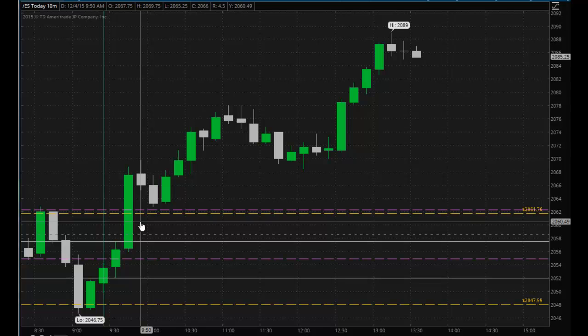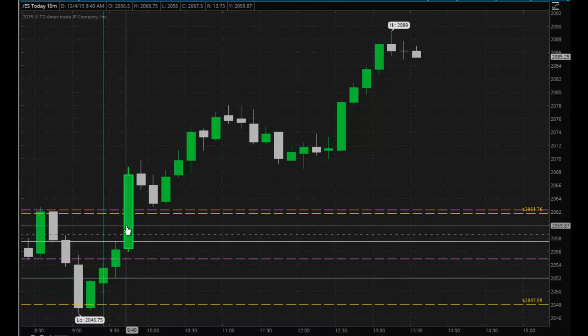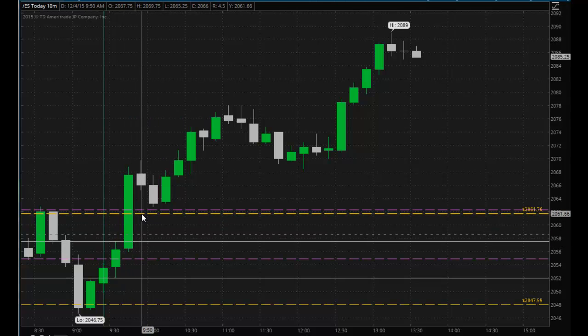With the A up, the yellow line here, you want to see price trade at that level for at least half the time of your opening range. In this case, we're using a 10-minute opening range, so you want to see price trade at that level for at least 5 minutes in order to confirm or establish. What you're looking for is whether price is getting accepted or rejected.